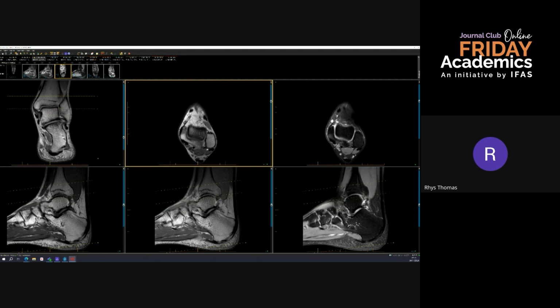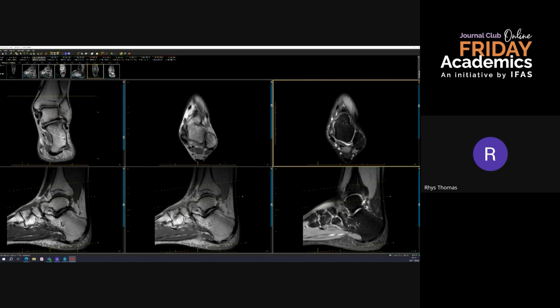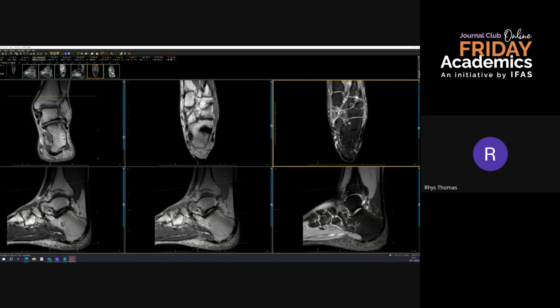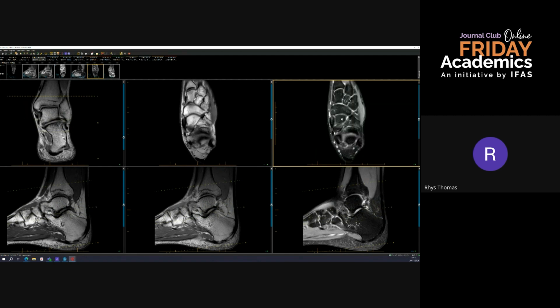And then you get the PTFL at the back. As we know from the previous talk, our deep deltoid ligament should be nicely striated. Then as we get medially, we should be able to see a band-like structure beneath the tibialis posterior. Alluding to our previous question, this is our spring ligament, which looks nice and intact here.